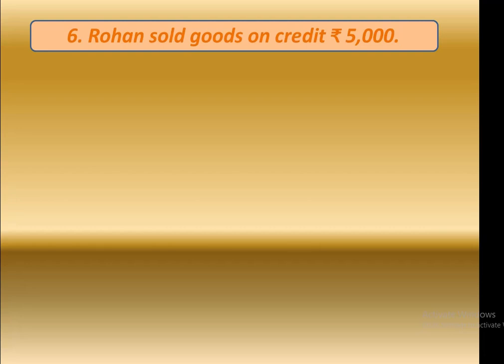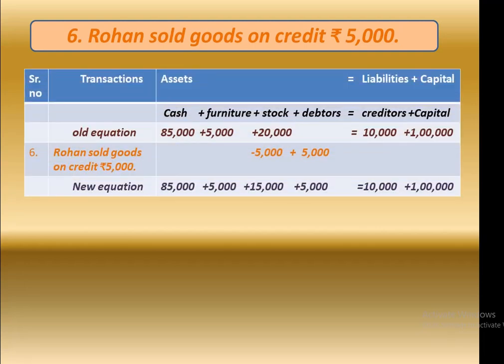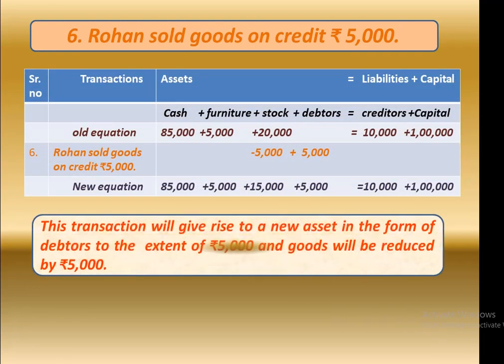This transaction will decrease the goods, but there is a new asset, that is debtors, which has been increased. This transaction will give rise to a new asset in the form of debtors and goods will be reduced by rupees 5,000.